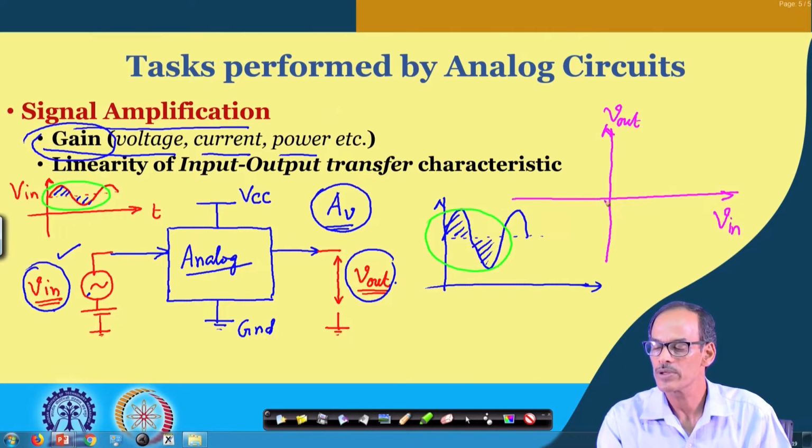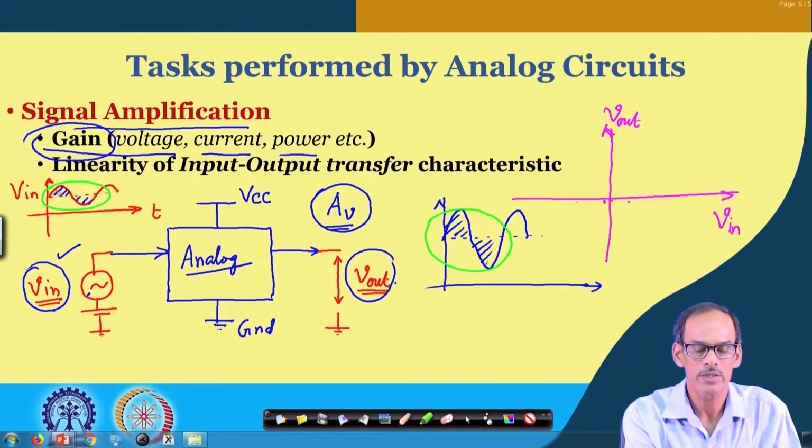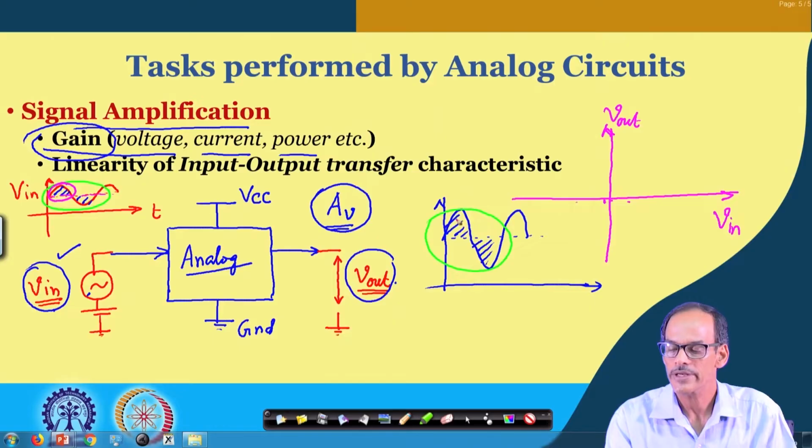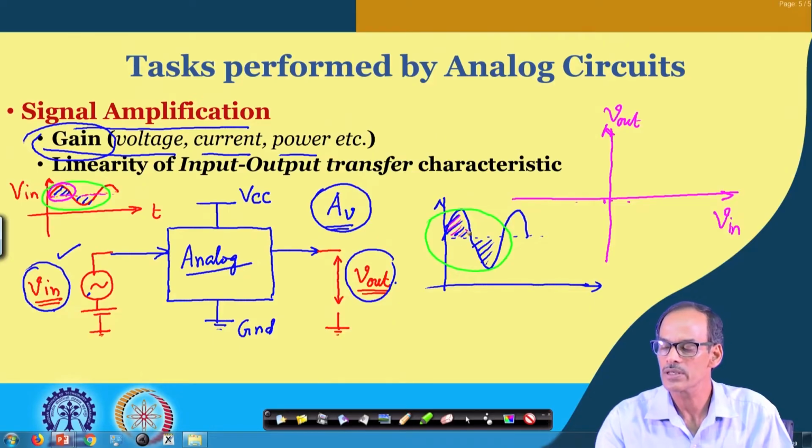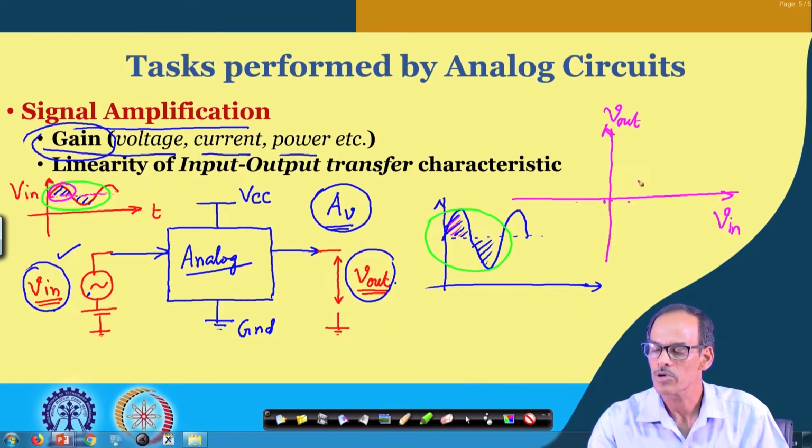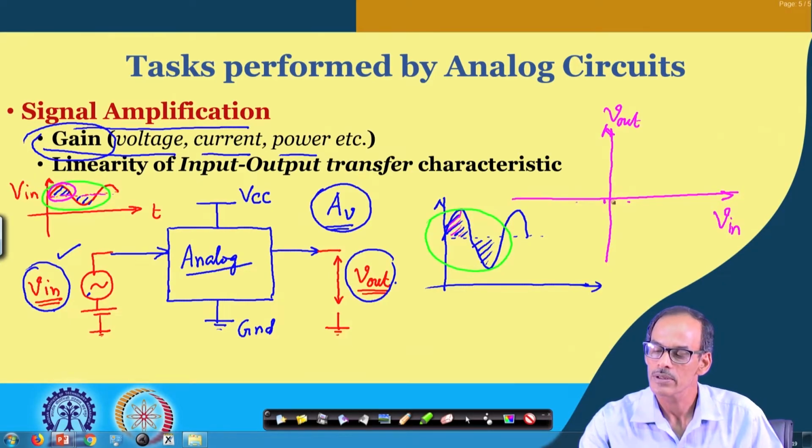Note that we are talking here only about the signal part. So, the signal may be with respect to ground, it may be positive or negative, and as we see here, if the signal is positive with respect to its DC level, we are expecting that the output signal is also positive, but an amplified version.